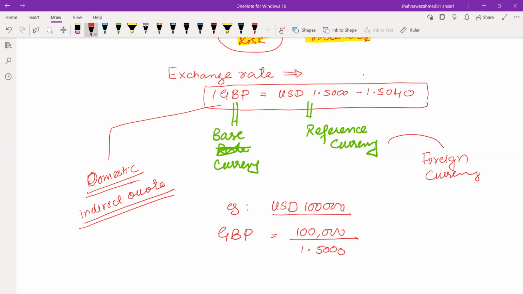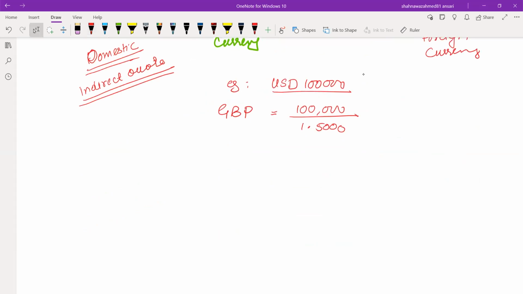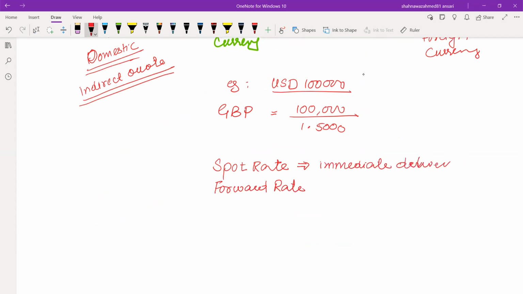Now, there are two types of rate. One is called the spot rate and another is called the forward rate. A spot rate is the exchange rate which is available for immediate delivery. If you want to buy or sell currency and the settlement is immediate, this is called a spot rate.